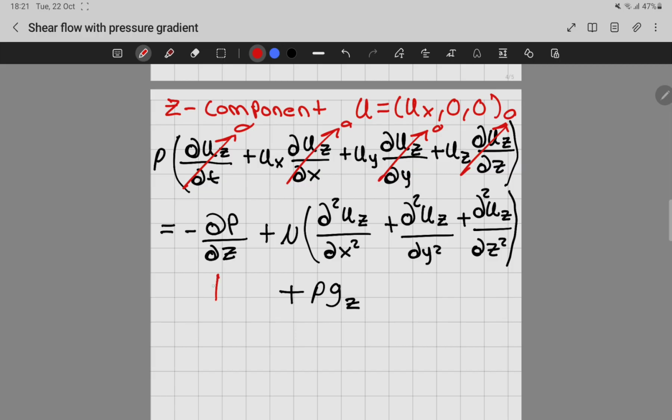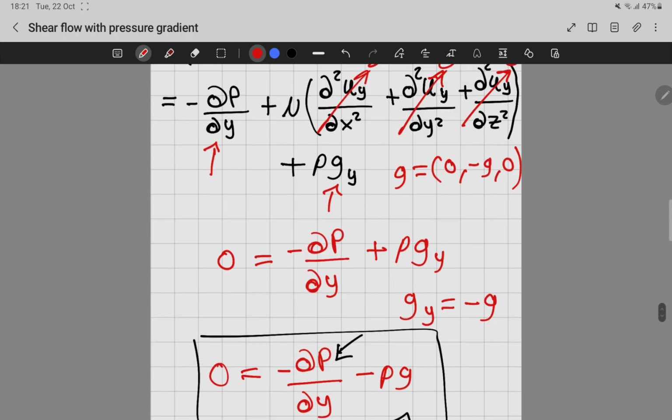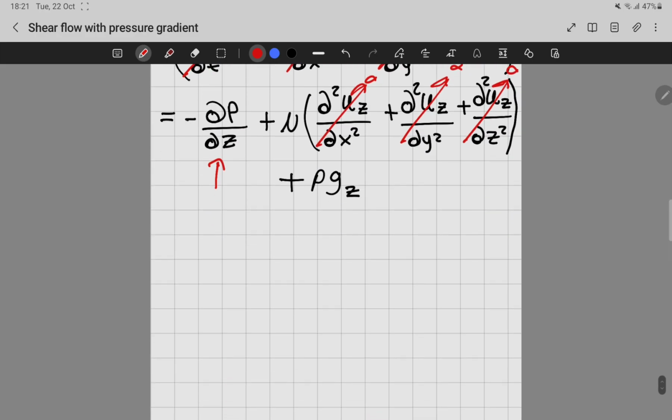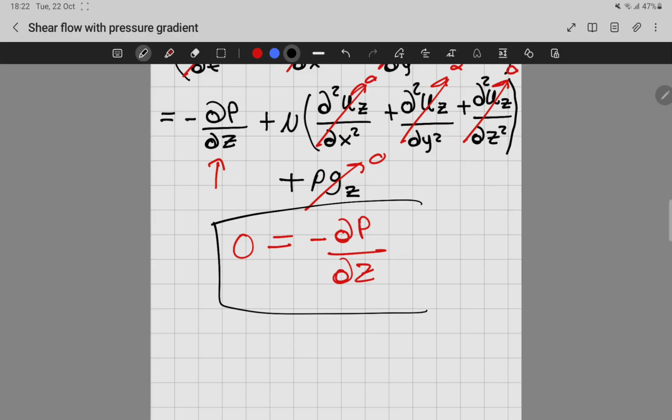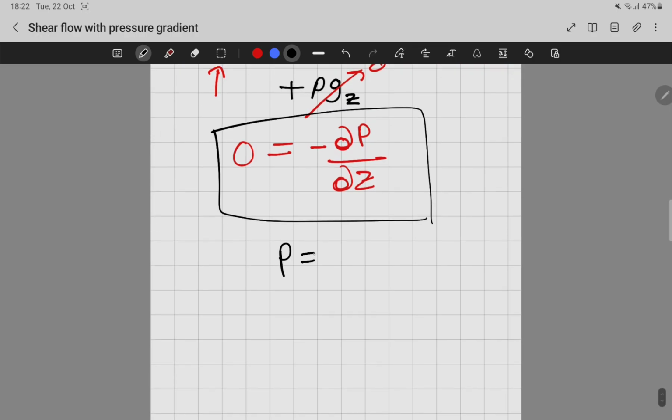We do not know the value of this term because we don't have enough information. So ut is going to be 0, 0, 0, and we do not have a contribution from gravity in z direction, so this is 0. The only left term just tells us that the pressure is not going to vary in z.